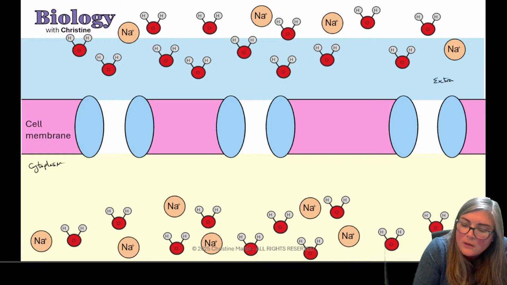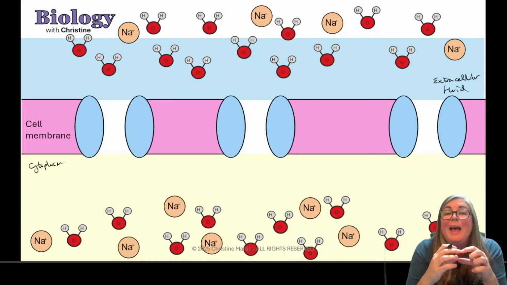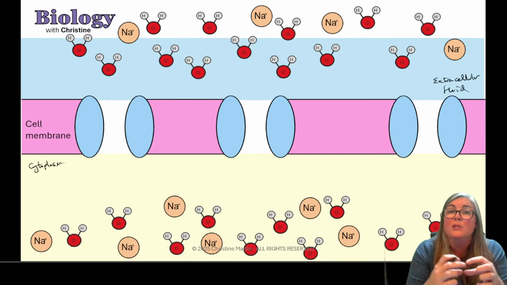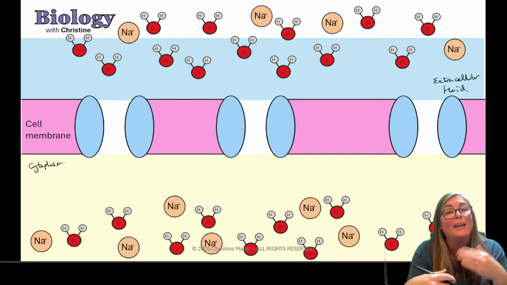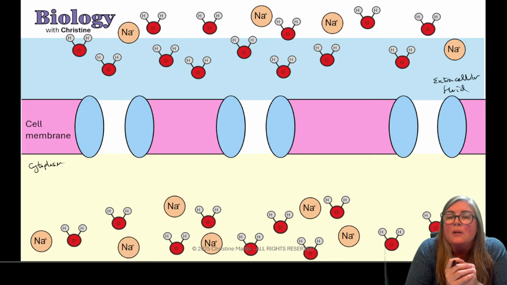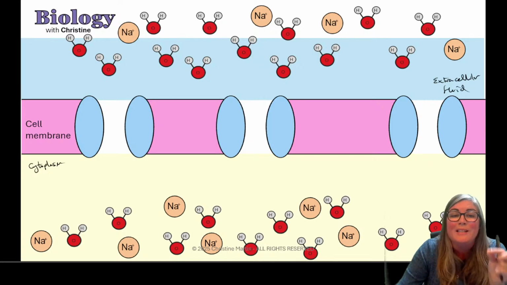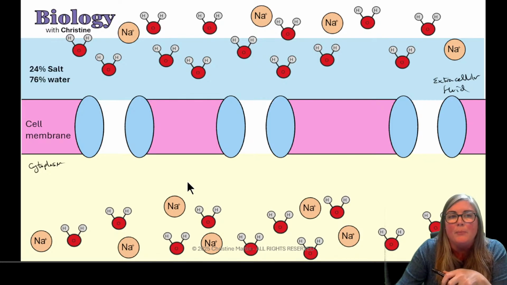So extracellular fluid is my blue region. Therefore, I have got a barrier between the inside of the cell and the outside of the cell. So when we look at water, because water can't get through the membrane, we have to talk about it going through what's known as a partially permeable membrane.